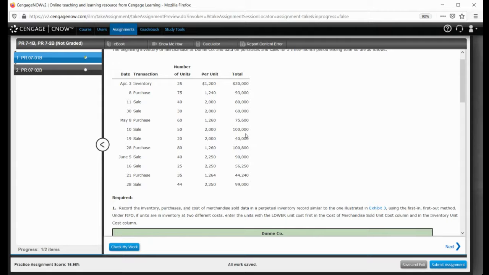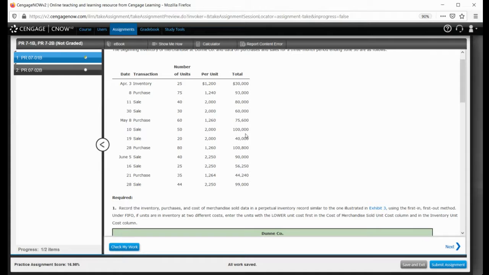When you are creating a journal entry, like we learned how to do in the last chapter, every time you make a sale, there will be two journal entries. The first journal entry is to record the sale. You might remember that we would have debited, most likely, accounts receivable and credited our sales account for the gross amount of the sales.